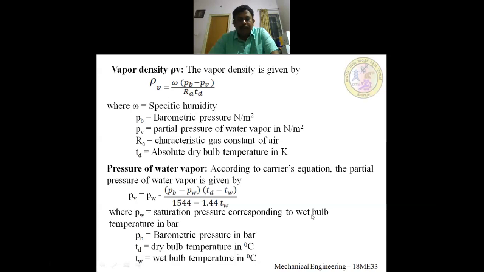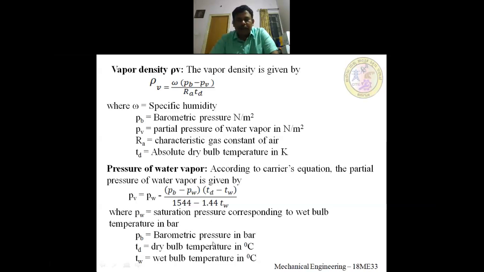Saturation pressure corresponding to wet bulb temperature. Here W stands for wet bulb temperature. You know the wet bulb temperature; go to the steam tables. For that wet bulb temperature, what is the saturation pressure? You have to find it from the steam tables.